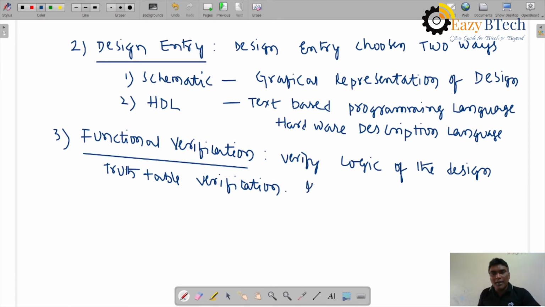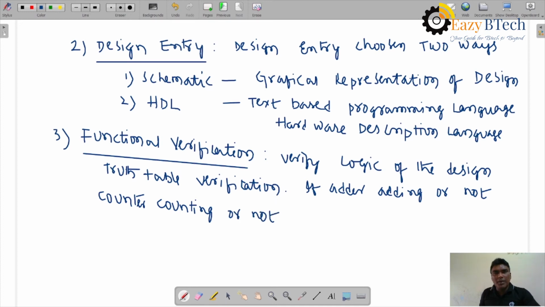If it is an adder, is it adding or not? If it is a counter, is it counting or not?